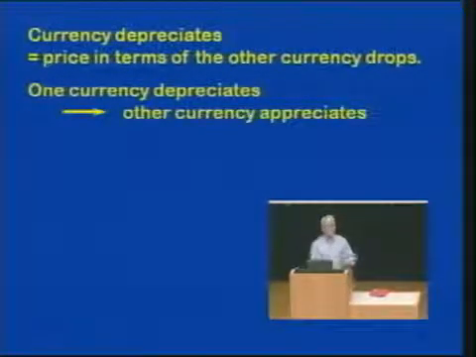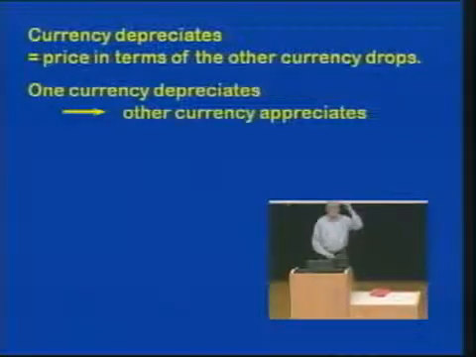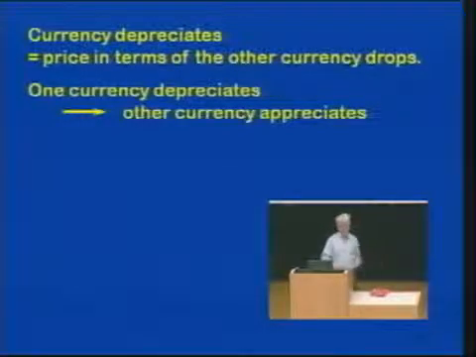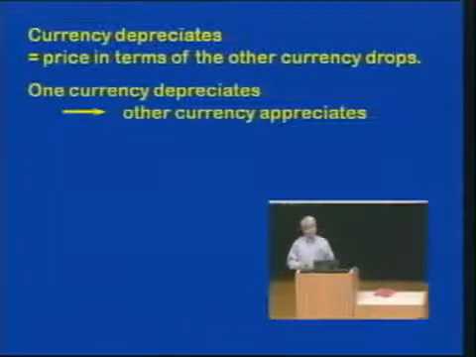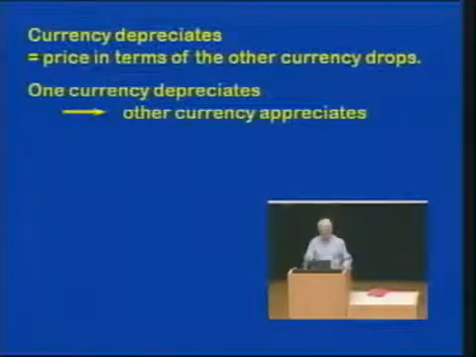So when a currency depreciates, that means that its price, when denominated in other currencies, drops. So it's then cheaper for people in other countries to buy $1. And of course, what that necessarily means is that if one currency depreciates relative to something, like if the dollar depreciates relative to the pound, that necessarily implies that the pound appreciates relative to the dollar, because they're just the reciprocal of each other.